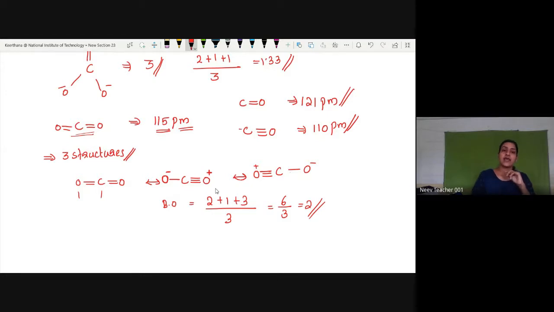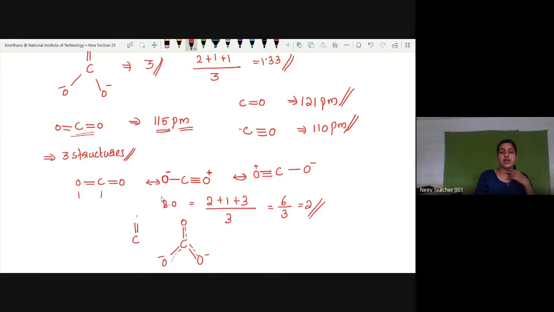Consider CO3 2 minus, it is actually like this. Both have some double bond character.